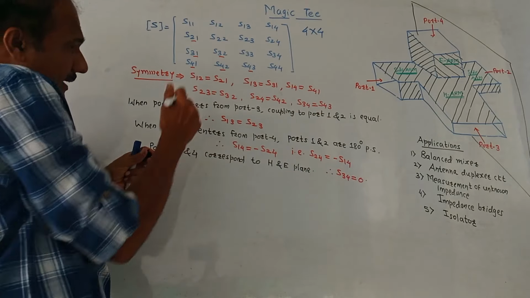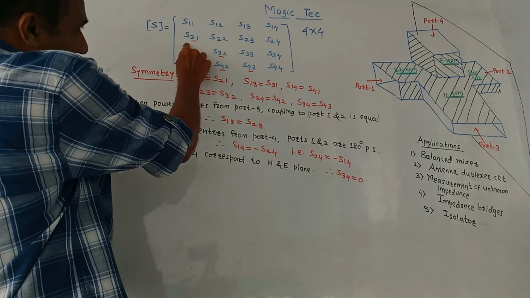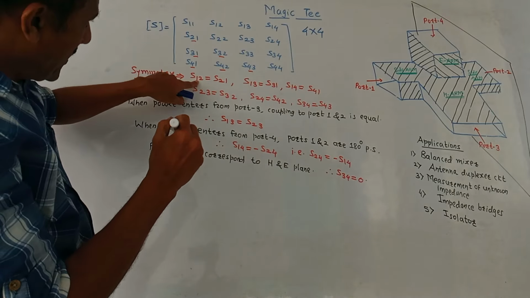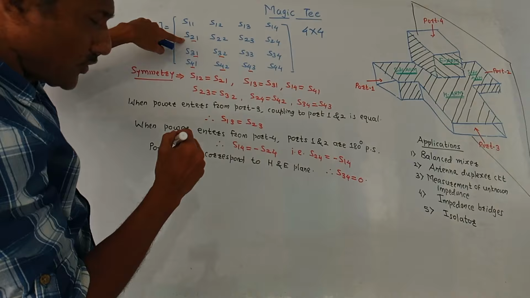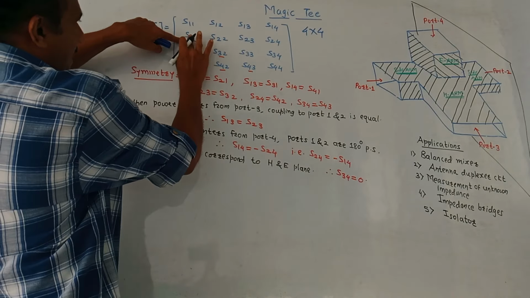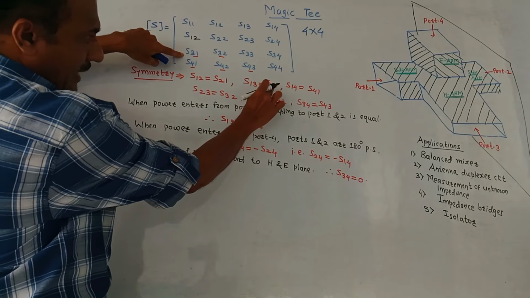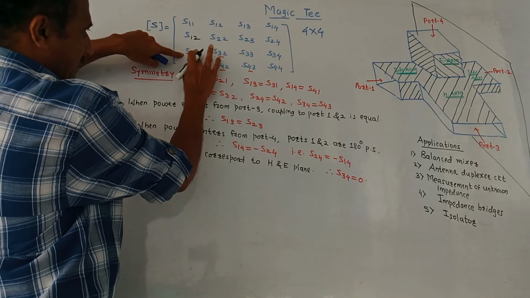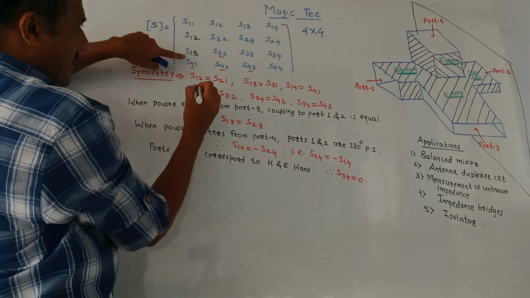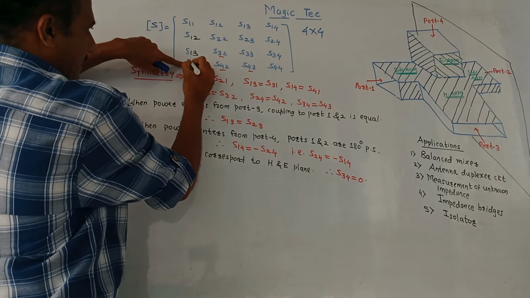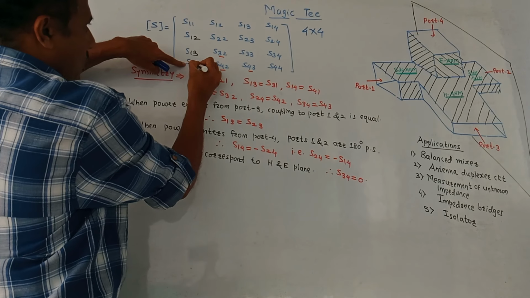तो यहाँ मैंने अंडरलाइन करके रखा है. जैसे देखो ये S12 इसके बदले में ये प्रॉपर्टी देखो, S12 is same as S21, तो ये जो टर्म है S21 इसके बदले में I can write S12. Same way S31 is same as S13, so I will write S13. S41 is same as S14, so here I will write S14.